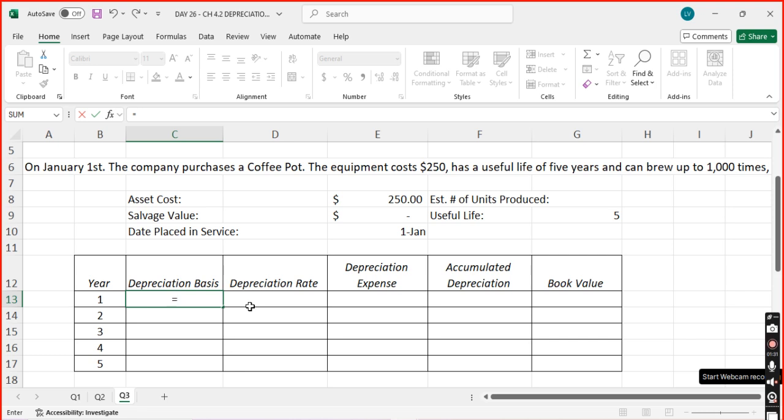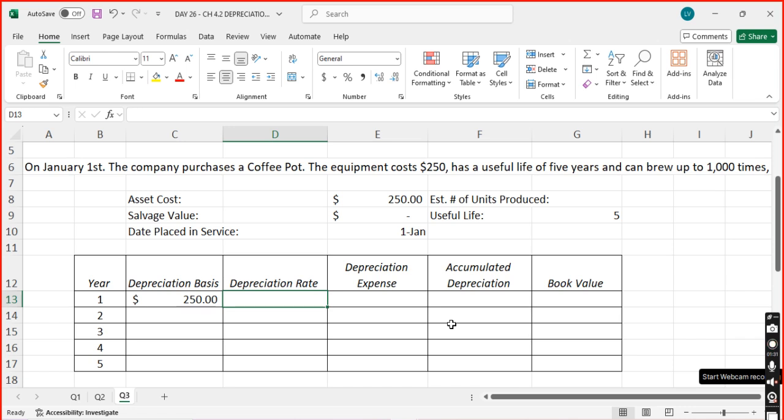Correct, it's always going to be your asset cost for the first year.